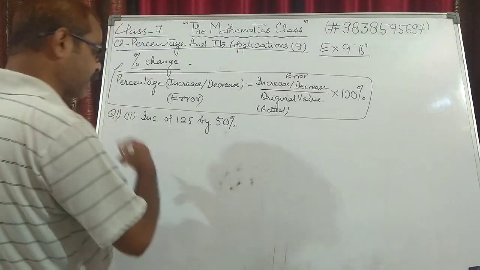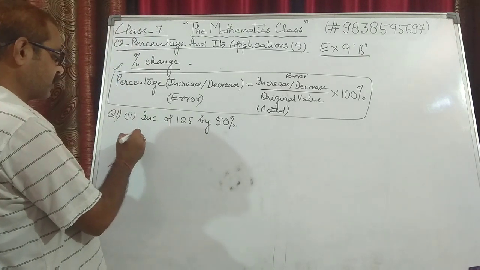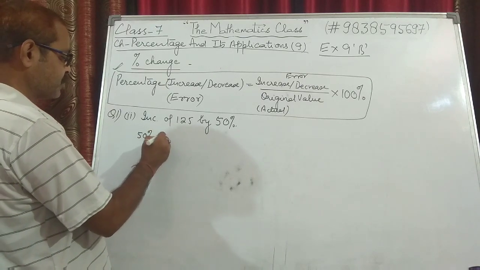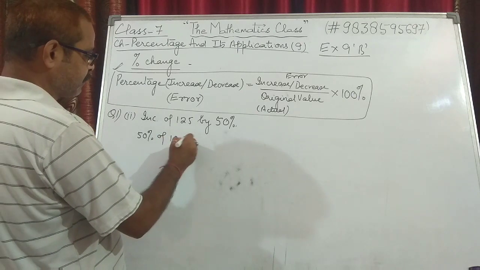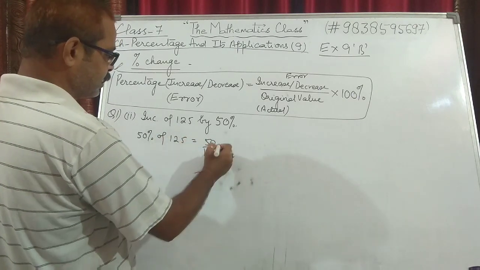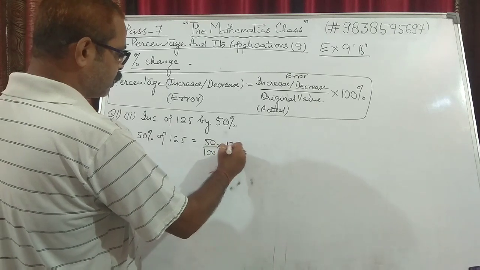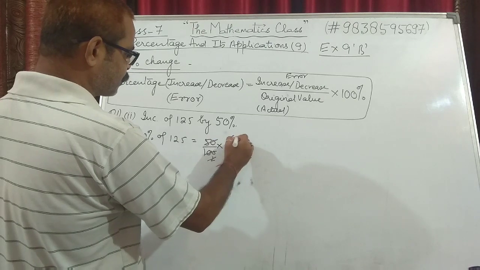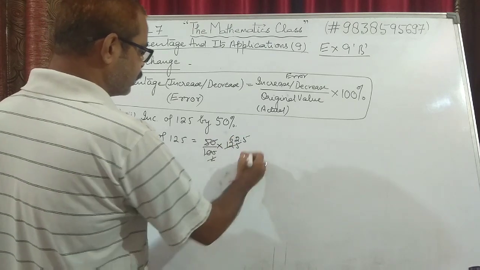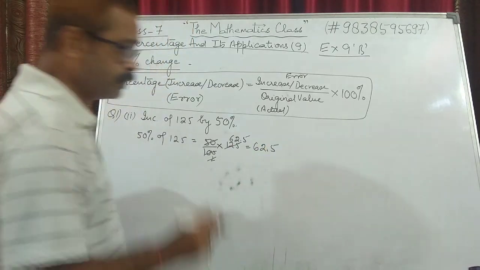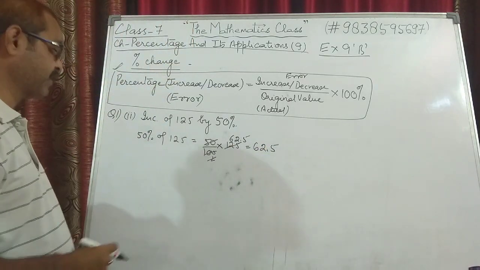So what is its final value? First of all, we will calculate 50% of 125. That will be 50 upon 100 into 125. So 50 2s are 100, 2 6s are 12, 2 2s are 4, so 62.5 is the 50% of 125.